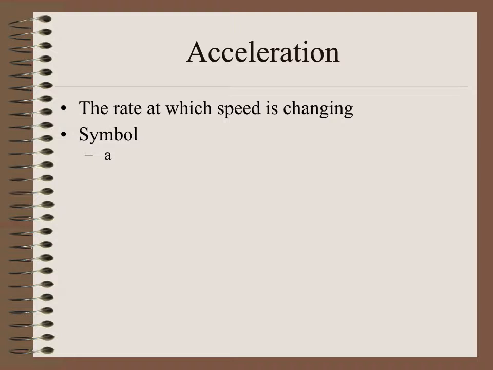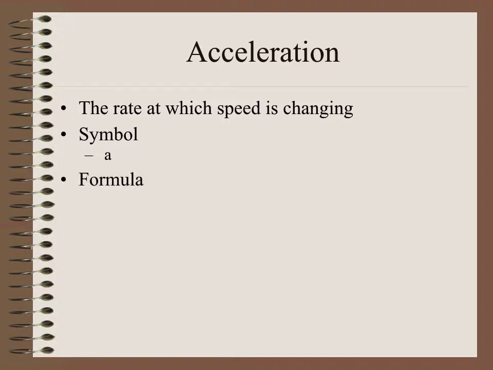If we use a specific symbol, such as this, it's important, because if we decide to use, say, a capital A, there's another formula that looks very similar to some other formulas that involve acceleration that use area instead, and it can be very confusing. So scientists have agreed to use a lowercase a, and you should always use a lowercase a and not a capital A for acceleration.